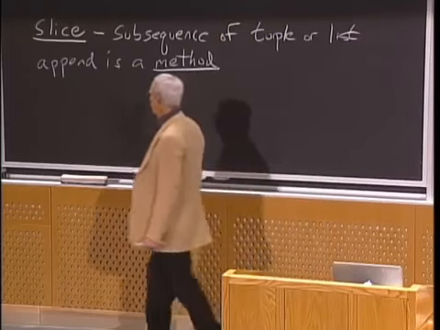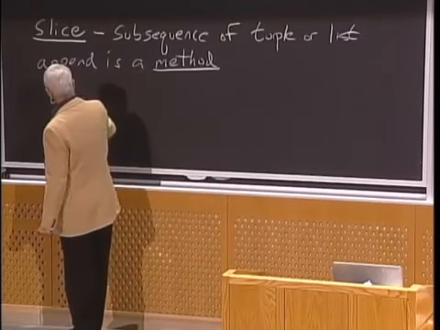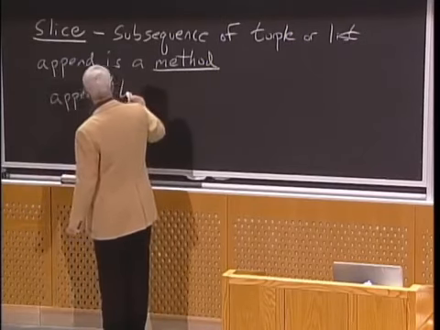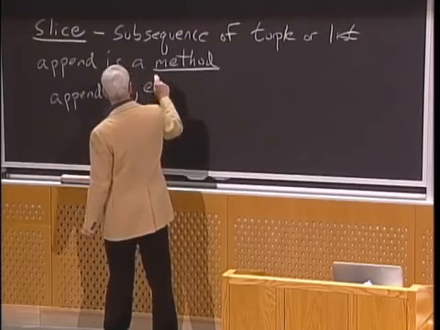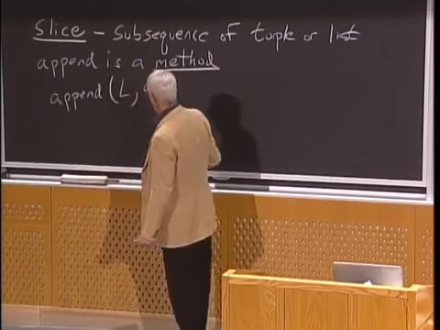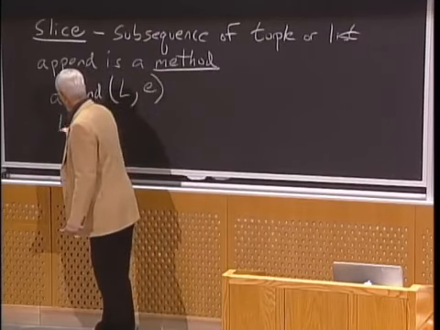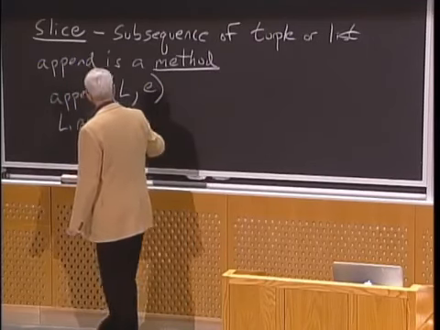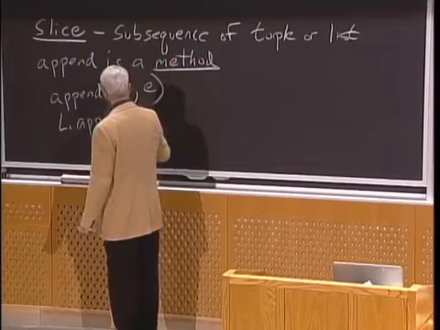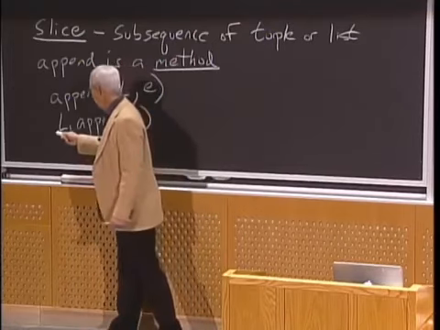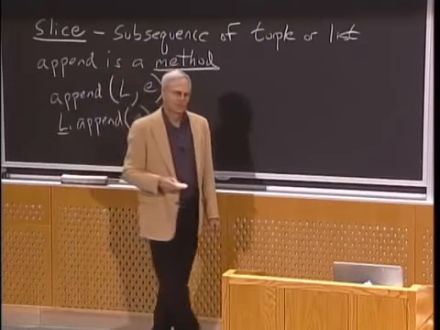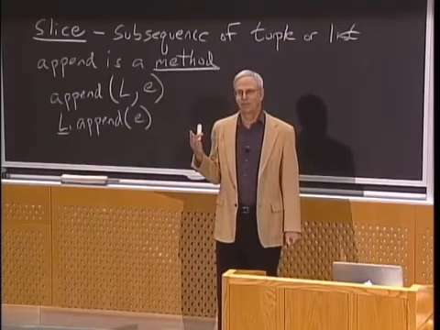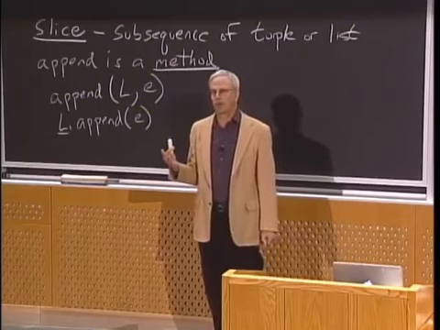So instead of writing something like append a list and an element, I write L dot append the element, and just think of this L over here as a fancy way of denoting the first argument to the function append, the first actual parameter.